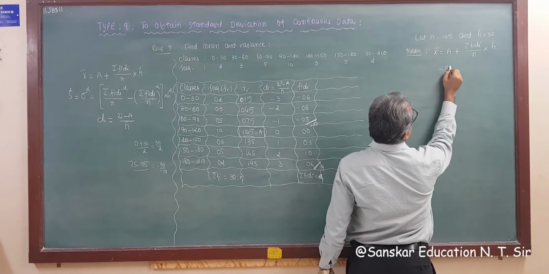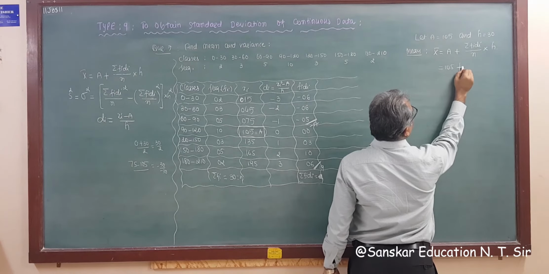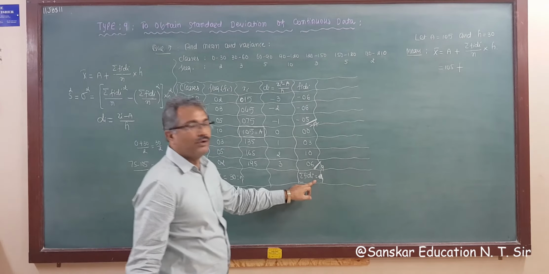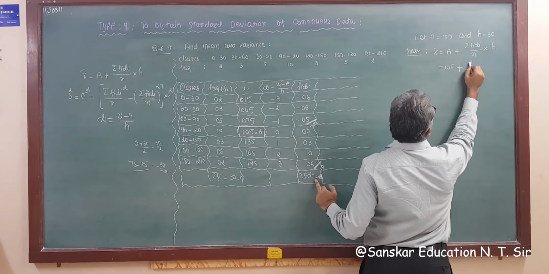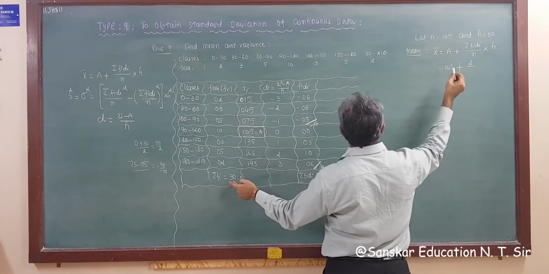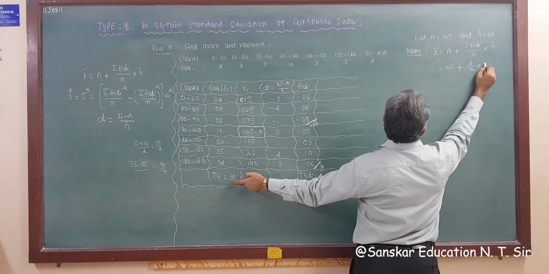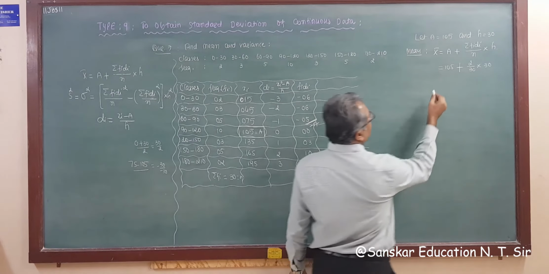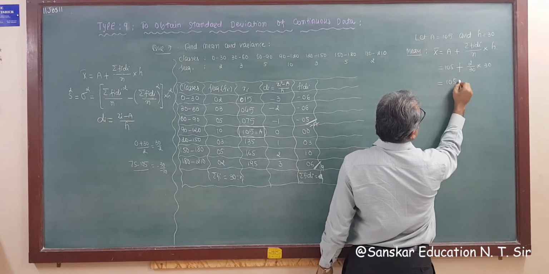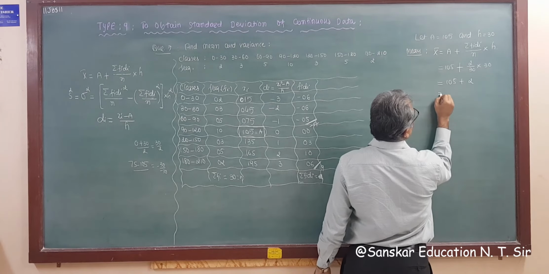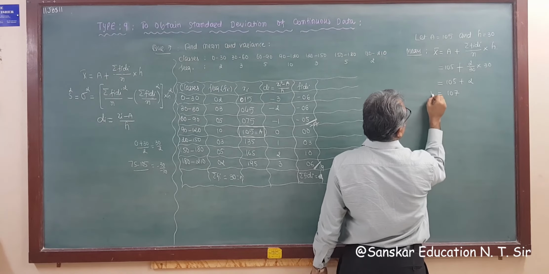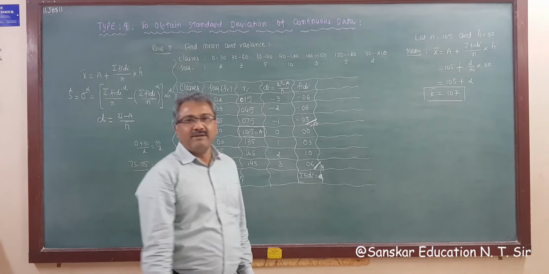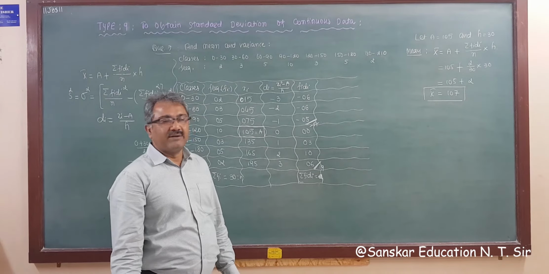So this is 105 plus sigma fi di, which is 2, upon n, which is 30, into class length 30, right? So what is your answer? 105 plus 2, that is 107. So x bar is equal to 107. This is your mean, right?